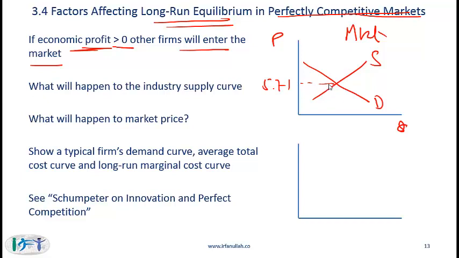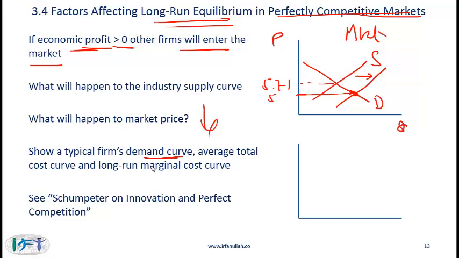When more firms enter the market, the supply curve will shift to the right, and notice what happens to the price. The price will come down. Let's say the price comes down to 5. So price down. Now what happens to an individual firm's demand curve? Remember, the demand curve earlier was at 5.71.